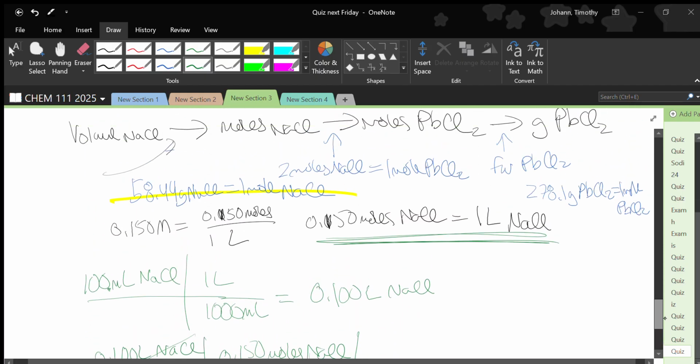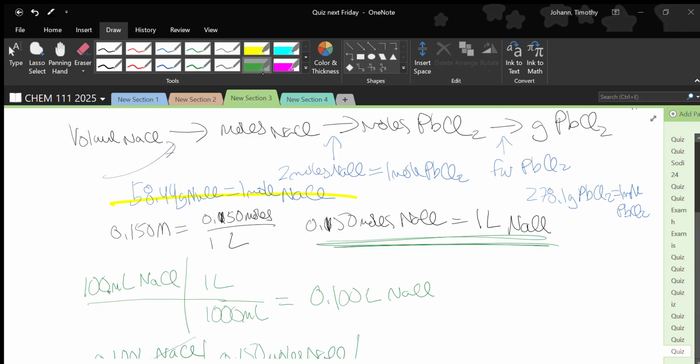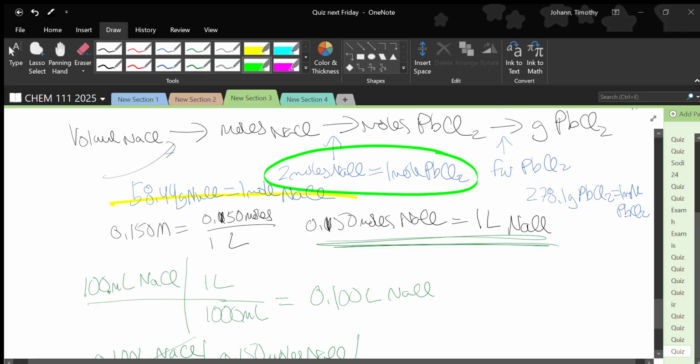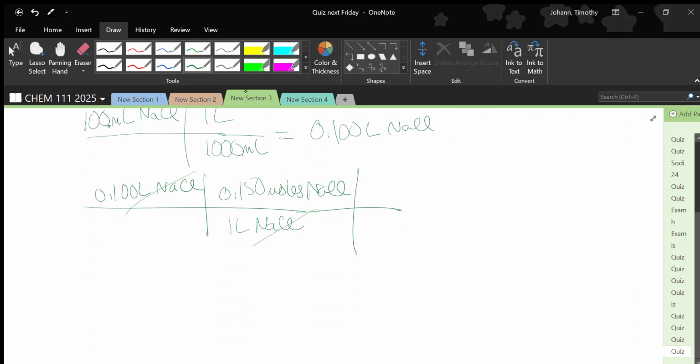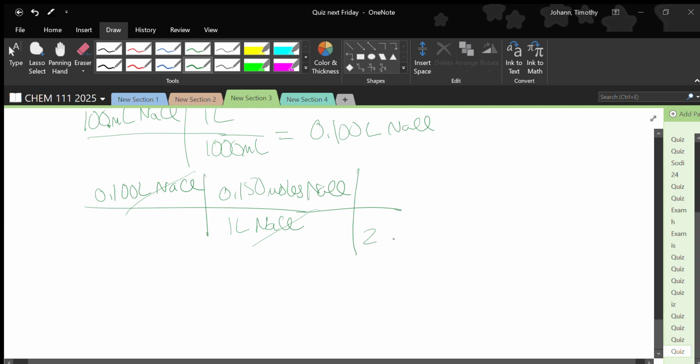And so our ratio there is this. 2 moles of sodium chloride make 1 mole of lead chloride. So 2 moles of sodium chloride equals 1 mole of lead chloride. Moles of sodium chloride cancels with moles of sodium chloride.